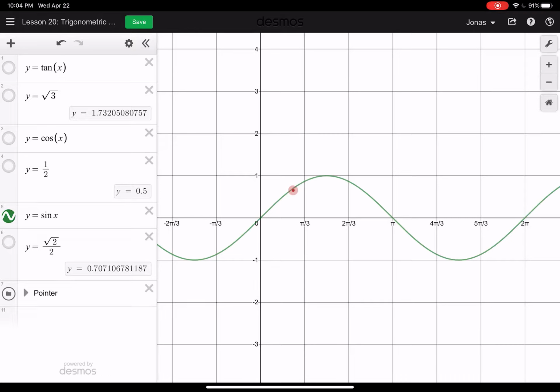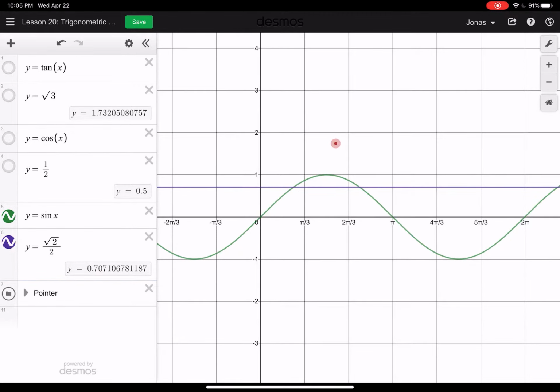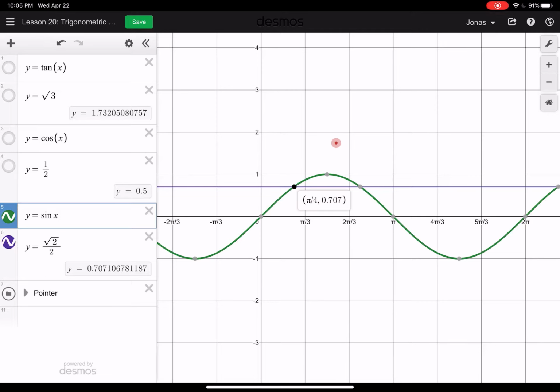We can turn on that radical 2 over 2. It's about equal to 0.7, as you can see on the left there, and you can see that lines up here between 0 and 1. It's right about there. That's what we're looking for. Then we can see that point of intersection because Desmos is good at that. You'll see it's pi over 4, and then the y-coordinate, what sine is equal to, is 0.707. So that's the one that we were looking for.